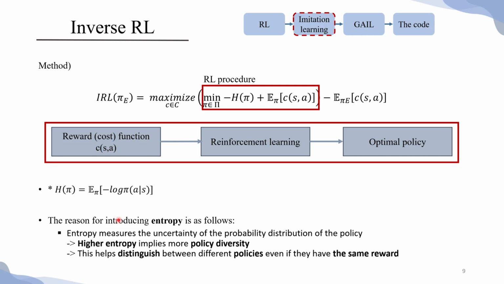The reason for introducing entropy is that entropy measures the uncertainty of the policy's probability distribution. Higher entropy means more policy diversity. This helps distinguish between different policies even if they have the same reward. In other words, it allows us to tell apart different policies that give the same reward.